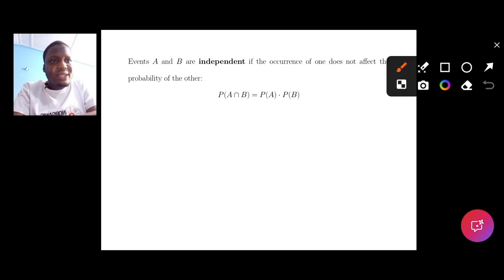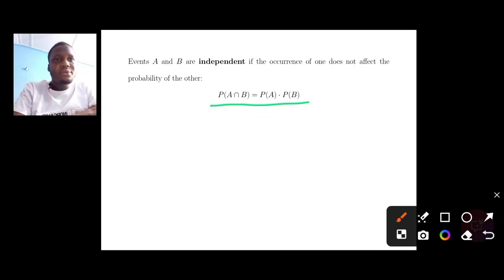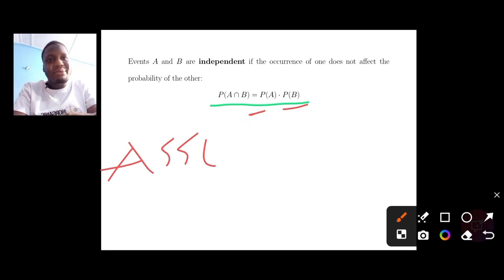So there's also a very important thing you should note. When two events are independent, the intersection can be obtained as P(A) times P(B). So if you see in the question that A and B are independent and you're asked to find the intersection, you can multiply the probability of A by the probability of B. But when you're not told that A and B are independent, never assume it, never assume that, oh, they are independent, so let me just multiply to get the intersection.